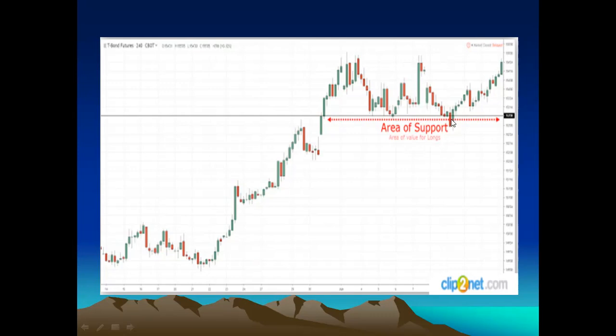You're going to be having huge success in your trading. Okay, so let's see on the chart 1 or 2 examples so that I can quickly wrap this up.